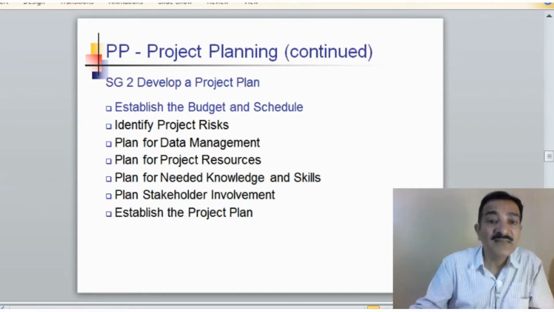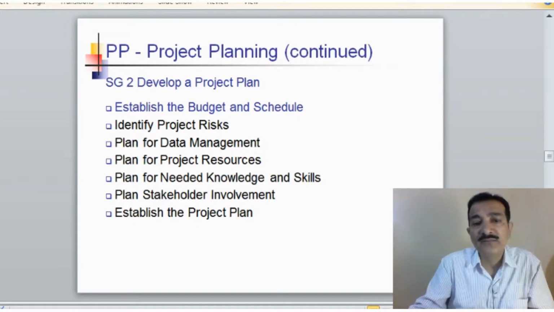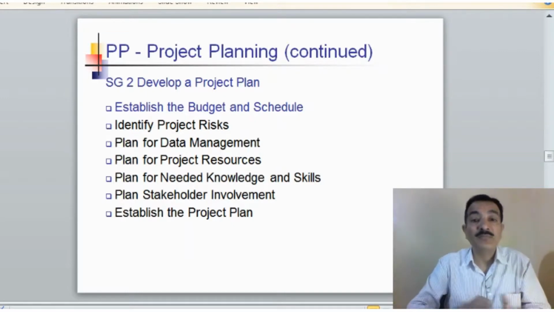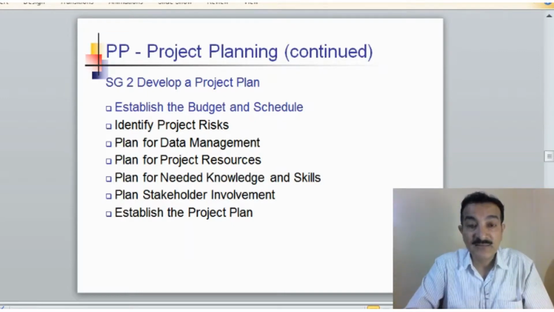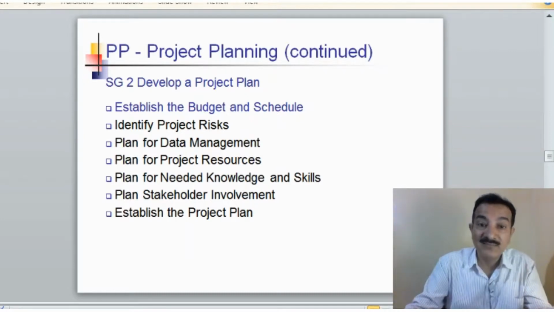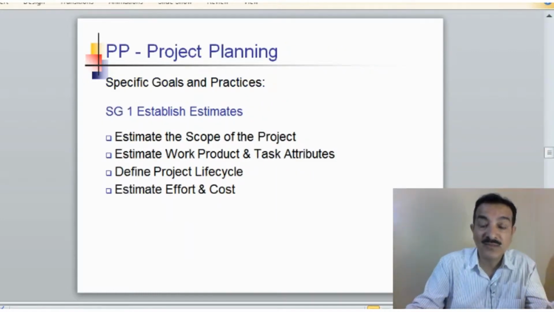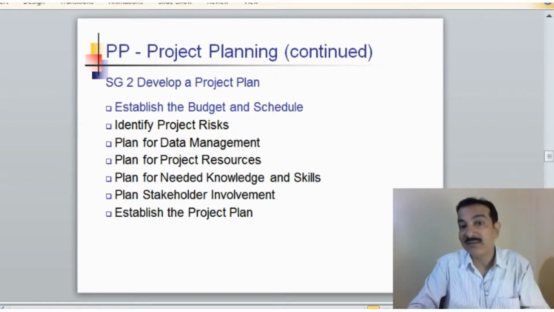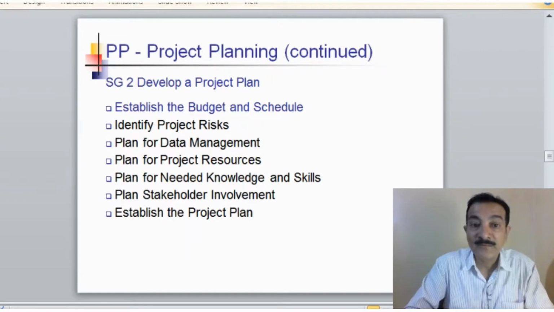The second specific goal is develop a project plan. The first one was basically estimating, which is identifying, and here you are planning, writing down all the plan. So you establish a budget and schedule.